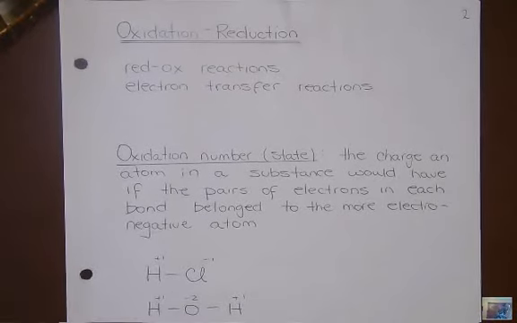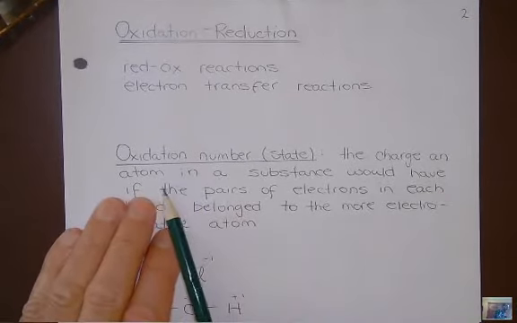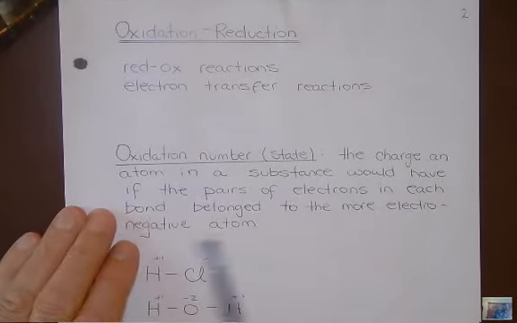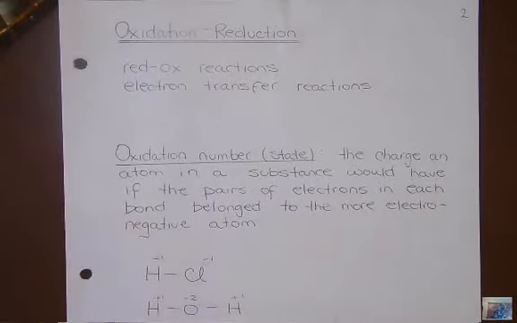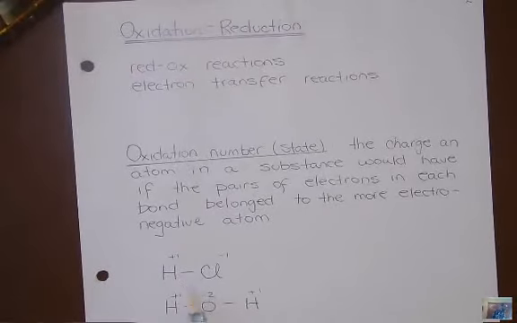The oxidation number or oxidation state is the charge on an atom in a substance, the charge an atom in a substance would have if the pairs of electrons in each bond belong to the more electronegative atom. So if this bond was not shared equally, who would have the extra electron?